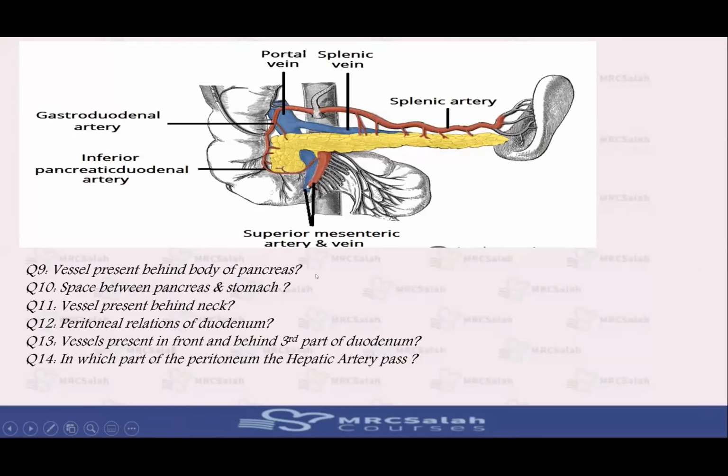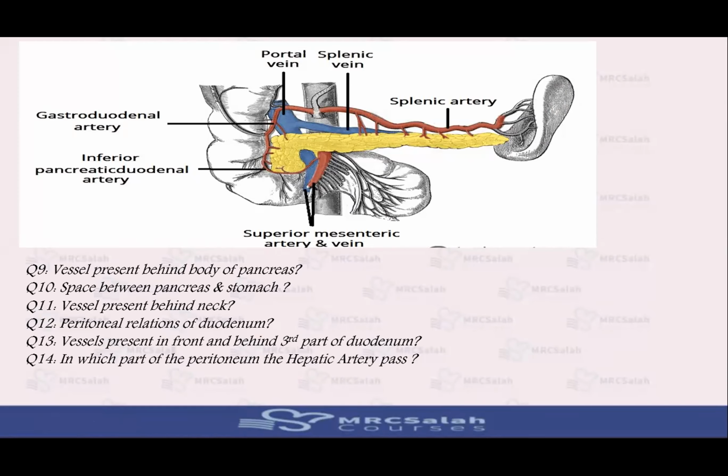Dr. Salah, your comments. I think the last question was one of the updated questions: in which part does the hepatic artery pass? Again, what is your answer? The lesser omentum. Okay. How does the celiac trunk supply the stomach?